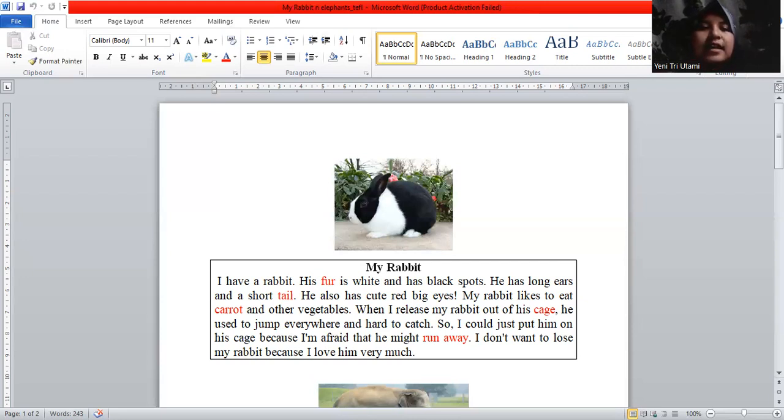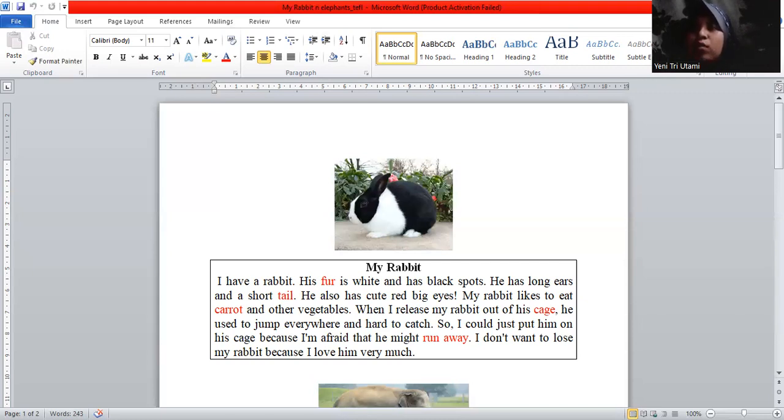Okay, guys, after you give me that example of your favorite animal or your admired public figure, next I want you guys to divide into several groups, which consist of 3 until 4 members.